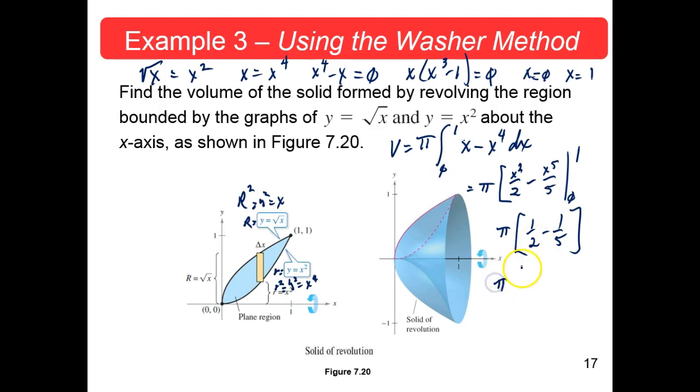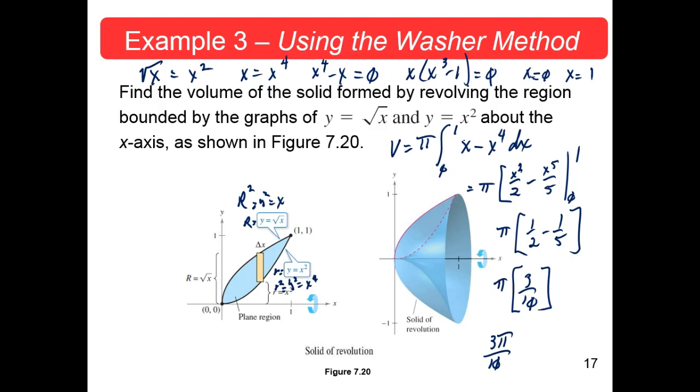So that would be pi times 5/10 minus 2/10, which is 3/10. So that would be 3 pi tenths, or 3/10 pi, however you want to say that. And that's what they got, 3/10 pi. Question? Okay. All right.